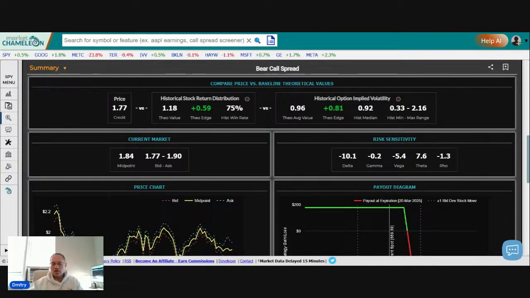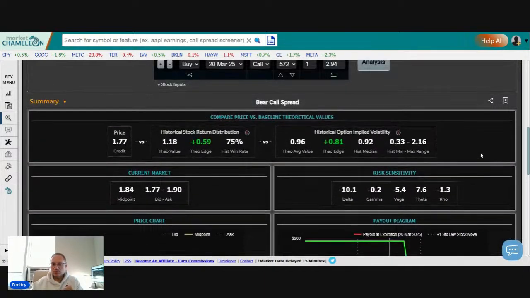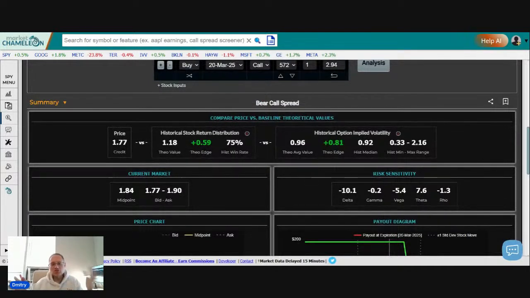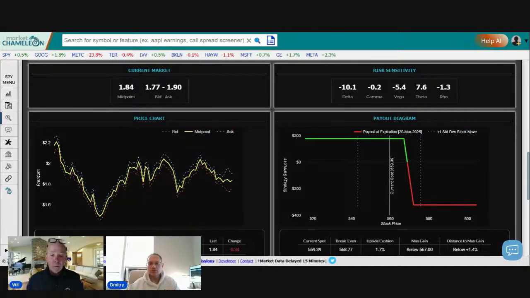But quickly, once you get used to it, you could scan with your eyes, and you could see pretty quickly an evaluation of the spread from the perspective of historical pricing, quality, potential price improvement for quality of execution, your risk sensitivities, the volatility of this spread throughout the day, and your potential payoff versus your risk. All right, well, I'm going to stop right there. I think we covered pretty much everything on this page.